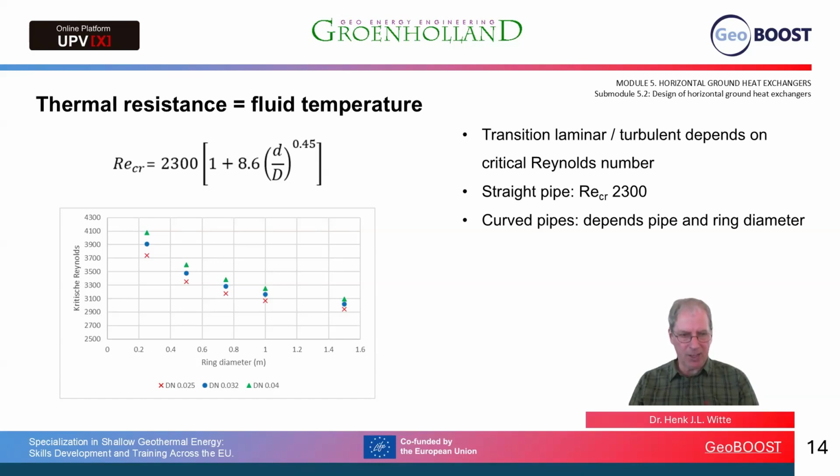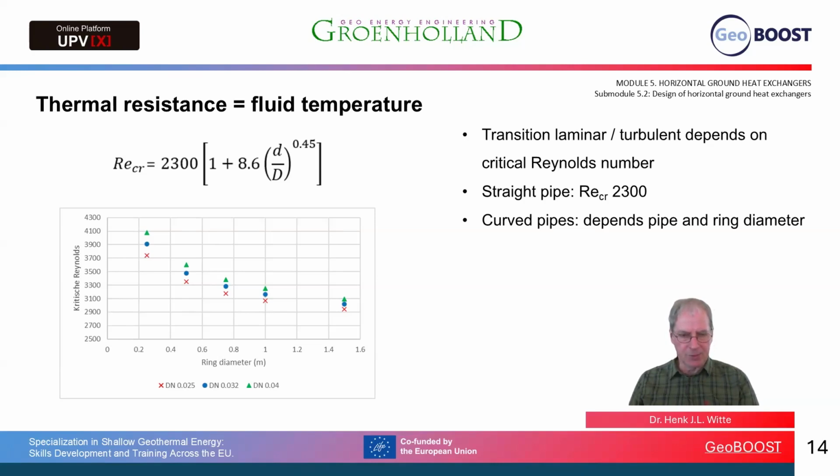If we calculate for different pipe diameters and different ring diameters in the graph what the critical Reynolds number is, we can see that this varies from around, let's say, 2800 to 4000 or a bit higher for a small ring diameter. So the smaller the ring diameter, the higher the flow rate needs to be to get a turbulent flow regime.